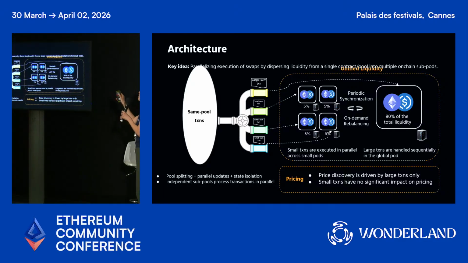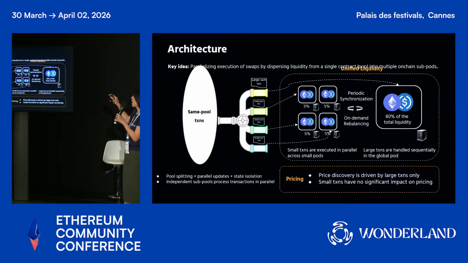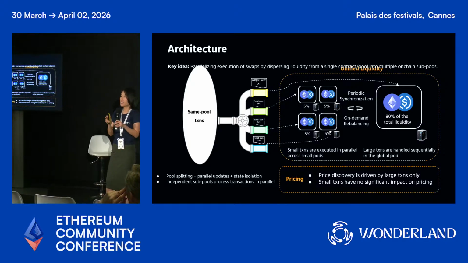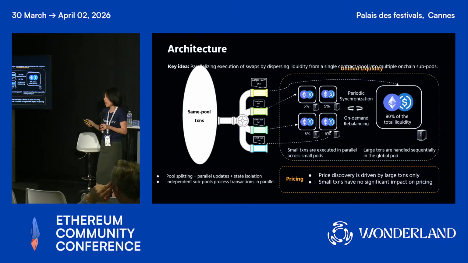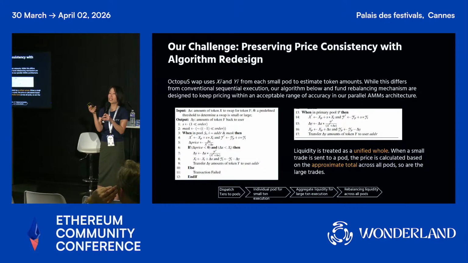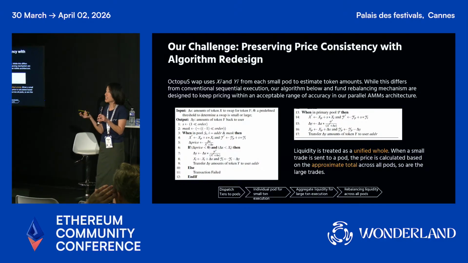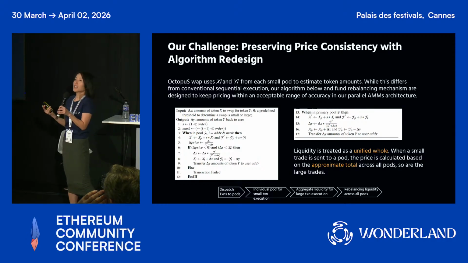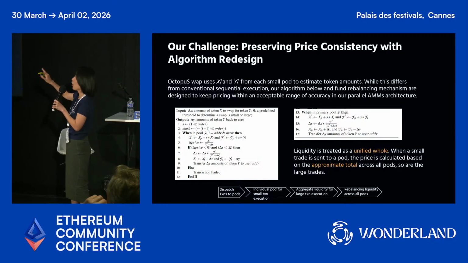And we also have periodical synchronization and on-demand rebalancing to synchronize the liquidity assets, the reserves, across all the pods. You may ask the question: you split your liquidity, does that introduce worse slippage for the traders? Challenge accepted. We have to redesign the whole algorithm.